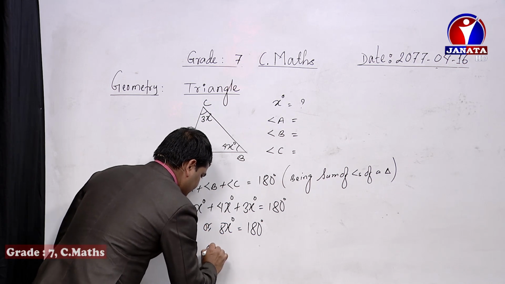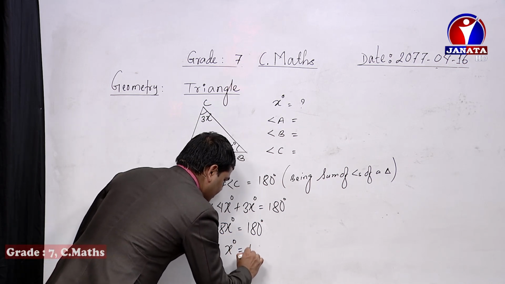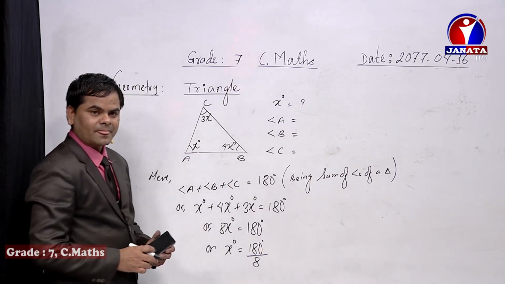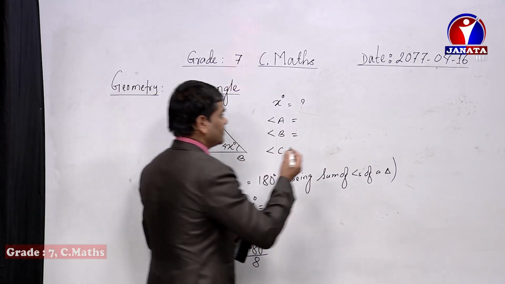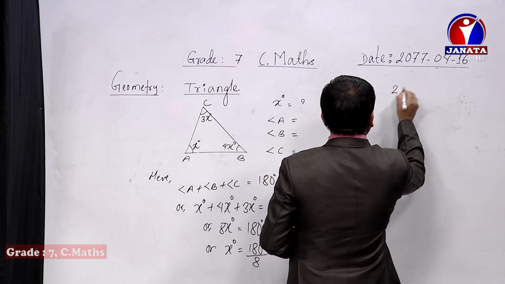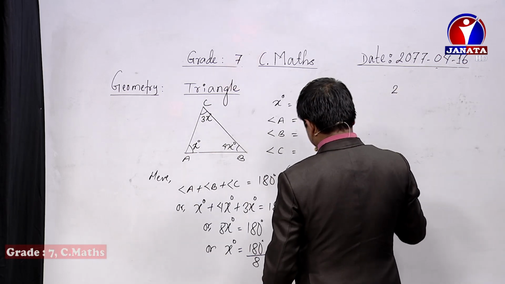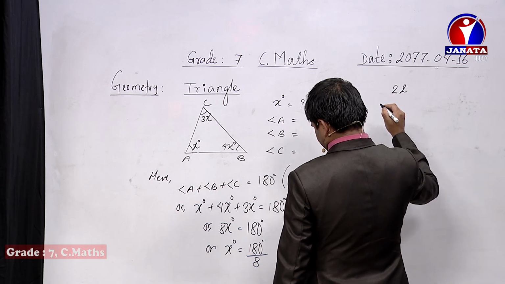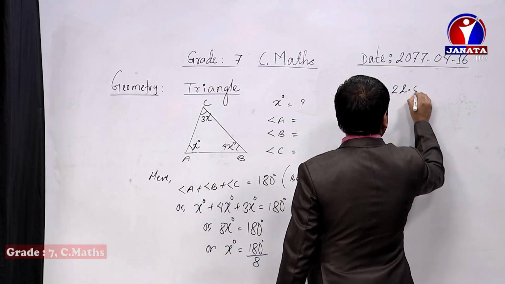Now x degree equals 180 degree divided by 8. What will it be? If you use the calculator, 8 into 16, 2 remain, 8 into 20 is 16, .5.